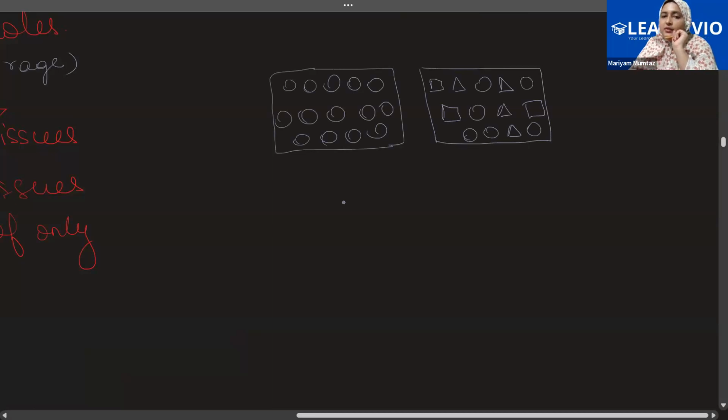Now can you tell me what is the difference between 1 and 2? Just by looking at it, tell me.